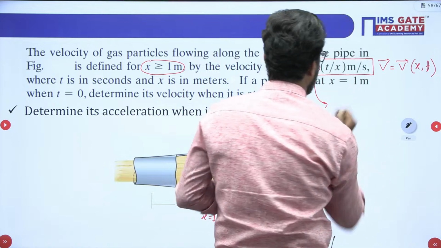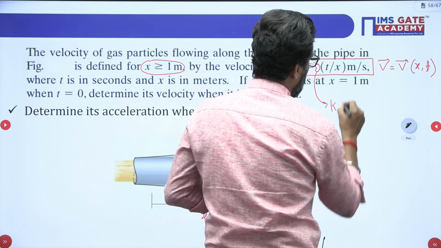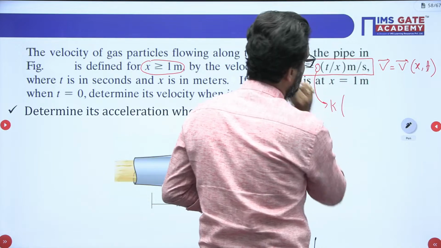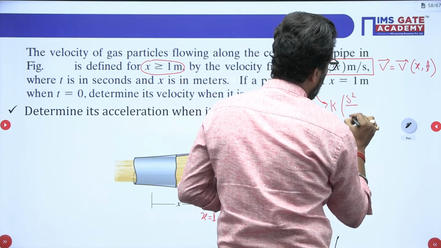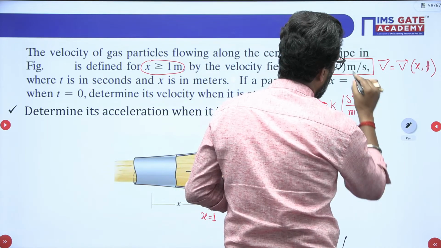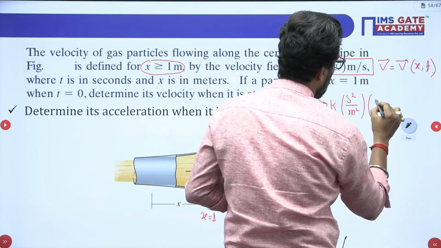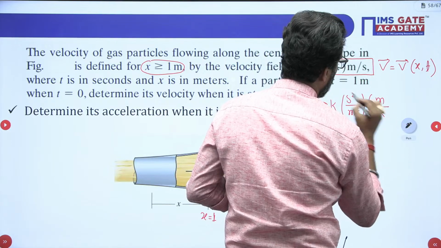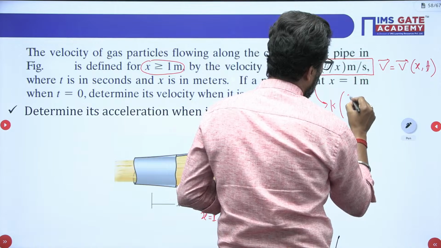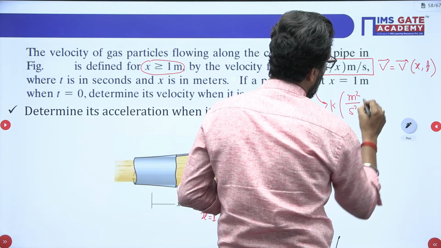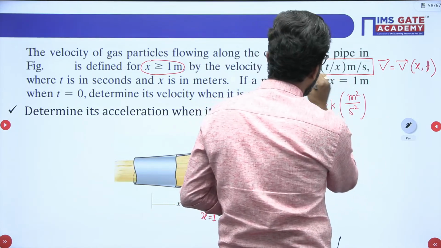So this k, if you find this velocity, its unit is second squared per meter squared, and the velocity unit is meter per second. What is the unit of velocity?